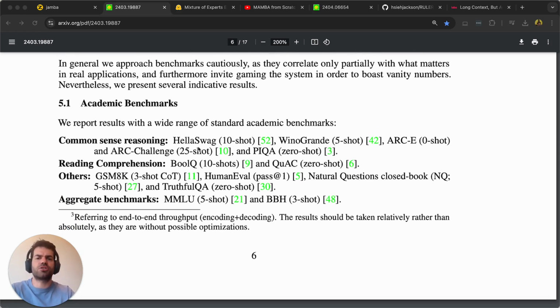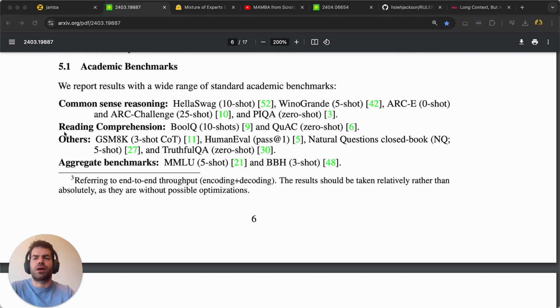The common sense benchmarks: HellaSwag, Winogrande, ARC Challenge, ARC Easy, PIQA. The reading comprehension: BoolQ and QuAC. GSM8K, the math one, HumanEval for code, Natural Questions closed book, and TruthfulQA.